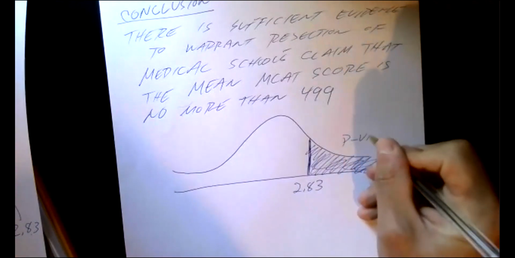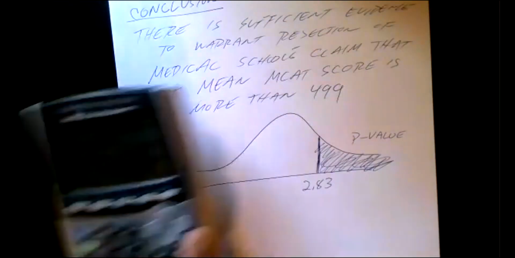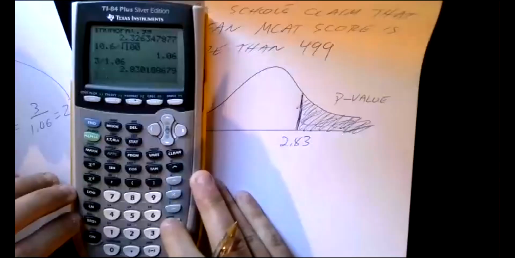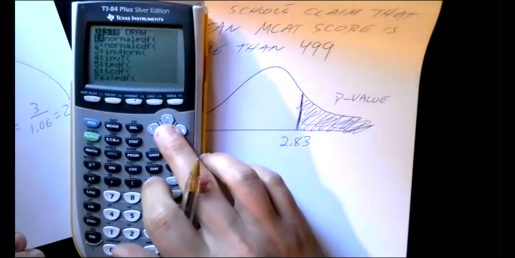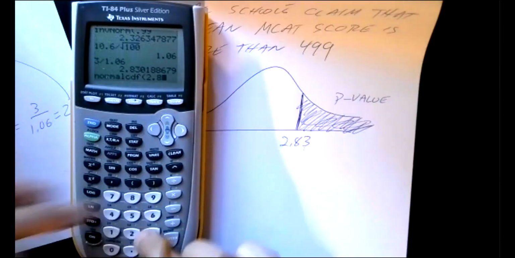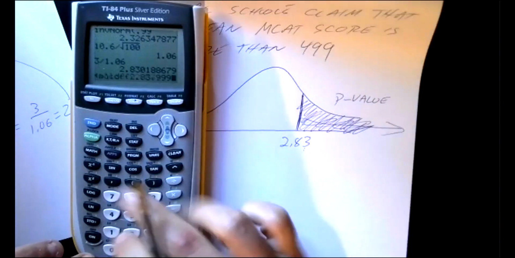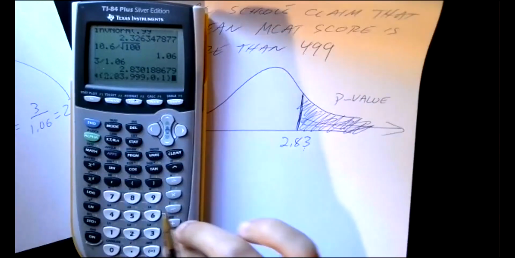To find the p-value, we can use normal CDF. The left-hand boundary is 2.83, comma, to the right, it'll go forever. I'll say 999, comma 0, comma 1.